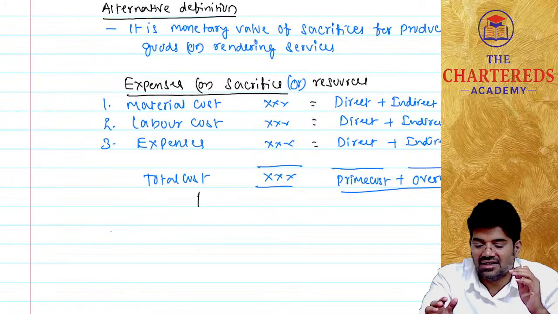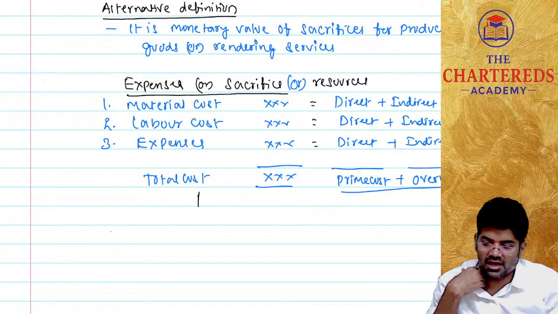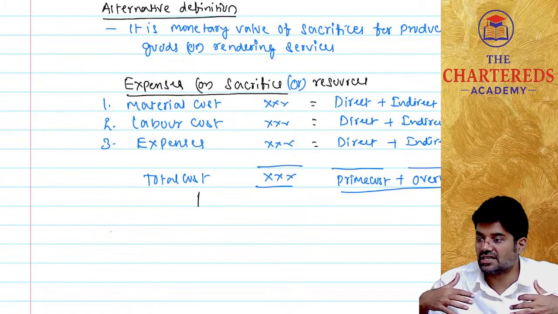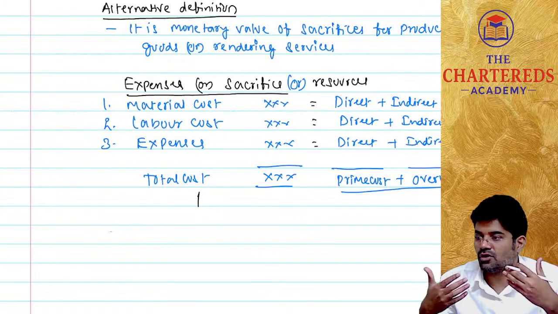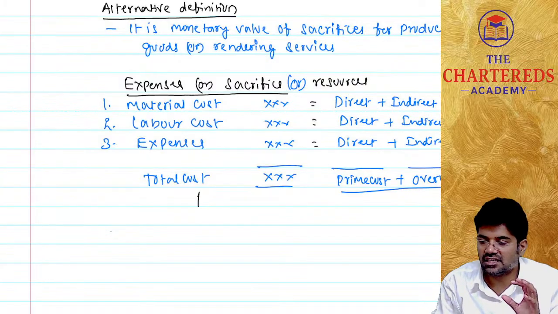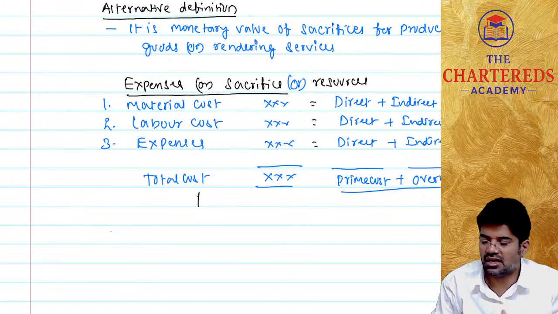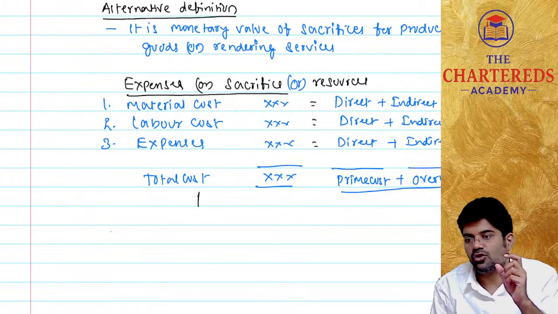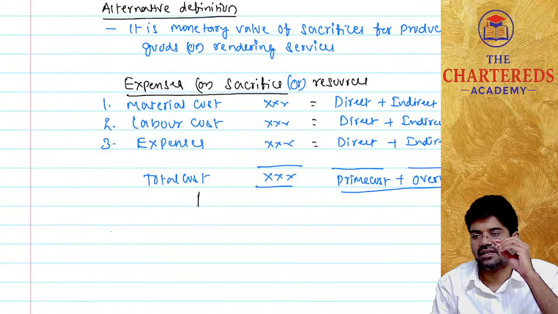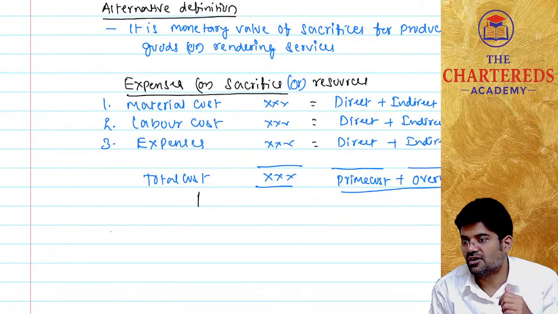So in that quest, we are going to analyze the cost, which we call classification. Why do we have to deep dive into the types of cost? It is to know exactly the nature of cost, so that you will know whether that cost can be controlled or cannot be controlled.